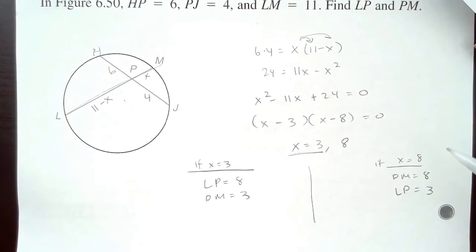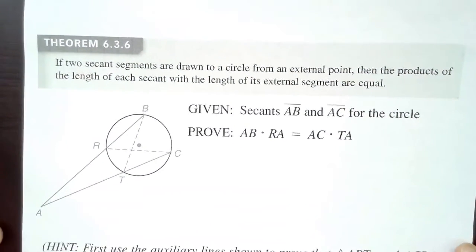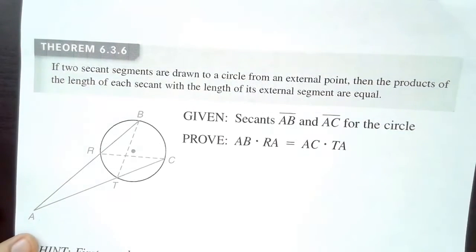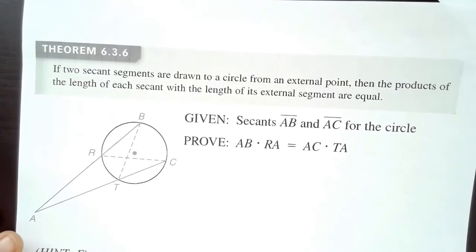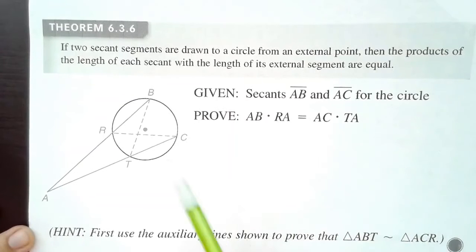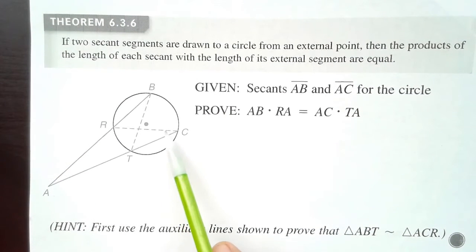Okay, great. So then finally, theorem 6.36, I think, is an exercise. Let's see, we have here two secants, and we want to prove AB times RA is equal to AC times TA.